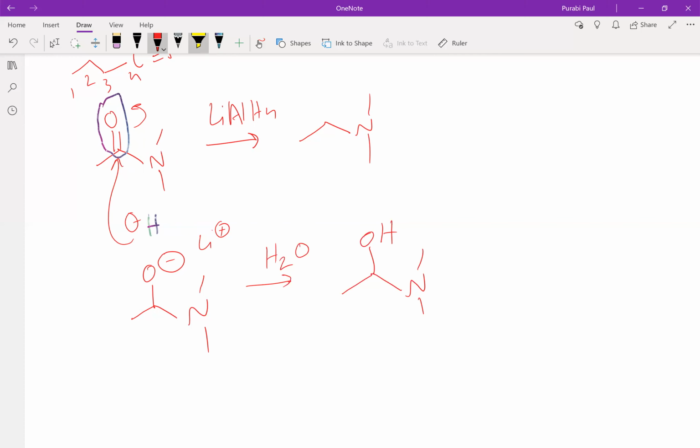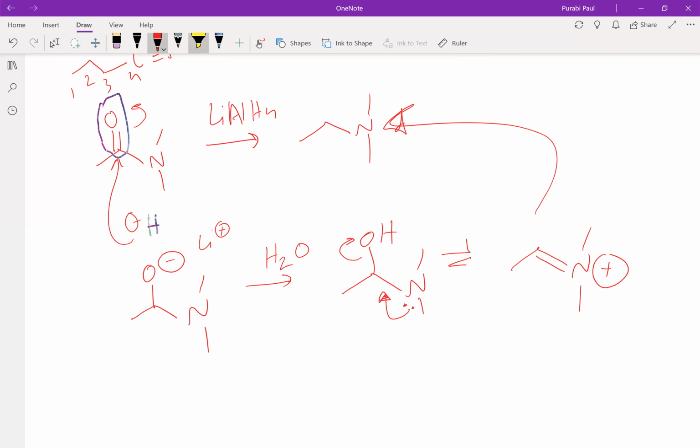That means nitrogen does not like keeping its electrons as much as oxygen does. So that's why this nitrogen will go push out the oxygen to form this iminium, which will then get reduced to the amine.